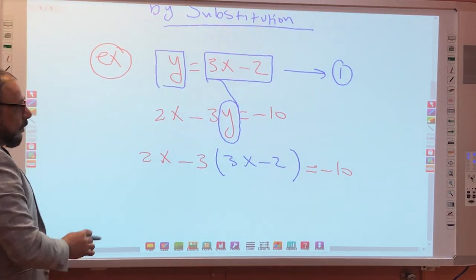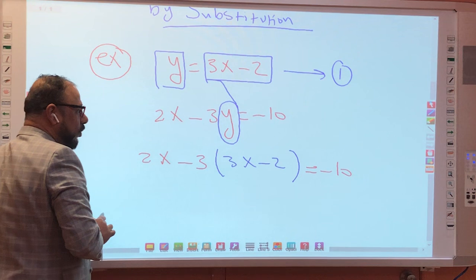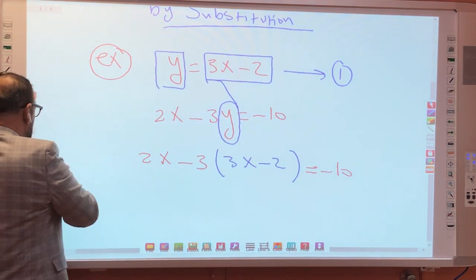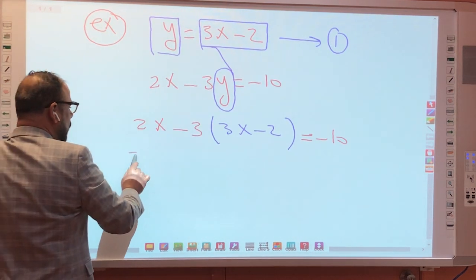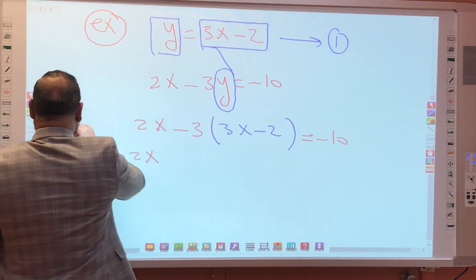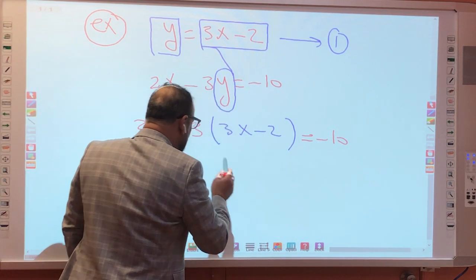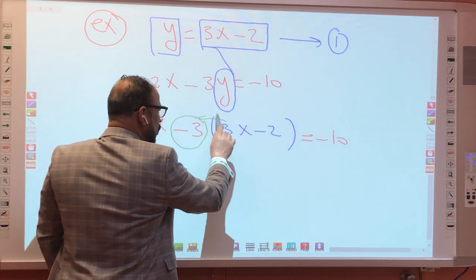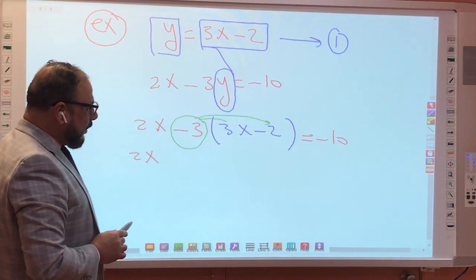After this step, we end up with a linear equation to solve, just a linear equation with one variable, which is x. Here, what you have to do first, you keep the 2x, and you multiply the -3 by each term in the parentheses. We call it the distributive property.